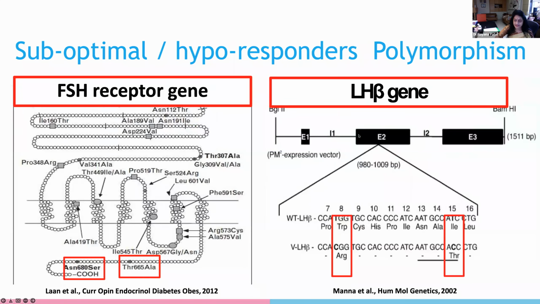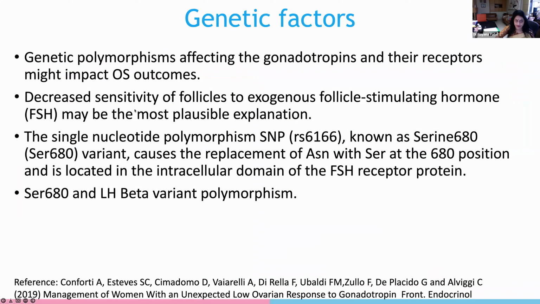Genetic is the FSH receptor variant, mainly the serine 680, and the LH beta variant, sorry. So these genetic polymorphisms of the gonadotropin or the receptor will reduce the response and give a surprisingly low outcome.